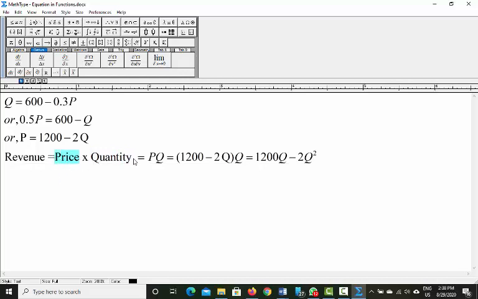So how much have you earned? Your total income on that day: you sold 5 trousers, so quantity is 5, and average price is 1000 taka. So 5 multiplied by 1000, your income is 5000. That's the revenue. So revenue means price multiplied by quantity.